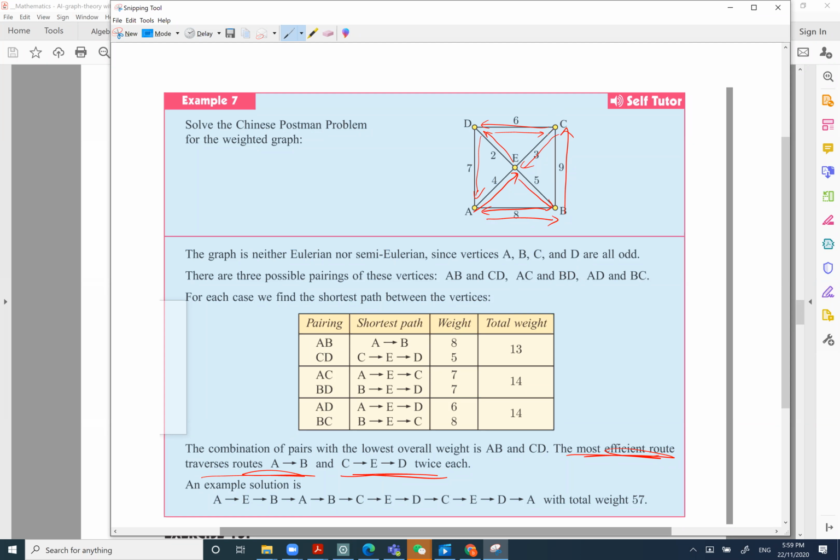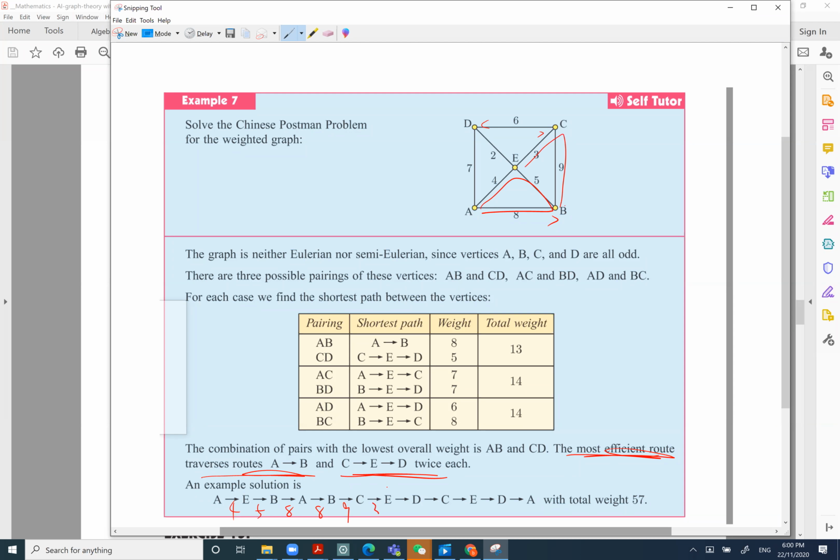We check if this is correct. They say A to E, so 4. E to B, 5. B to A, 8. So we travel these edges. But B repeated, so 8. And to C, 9.